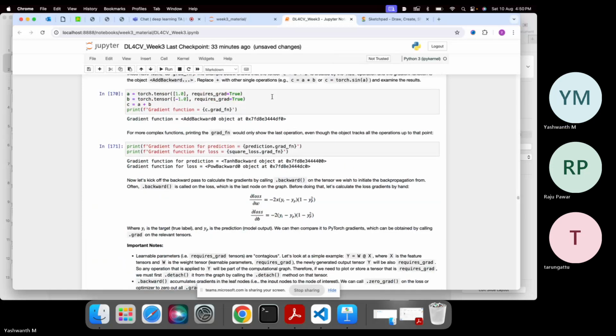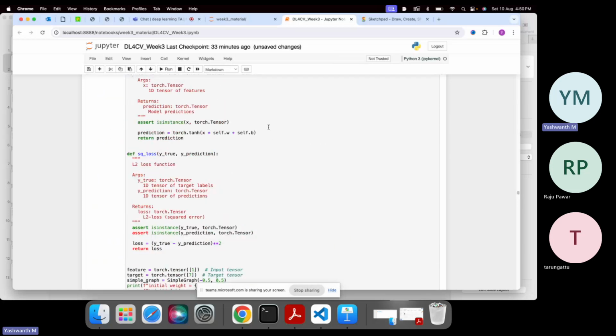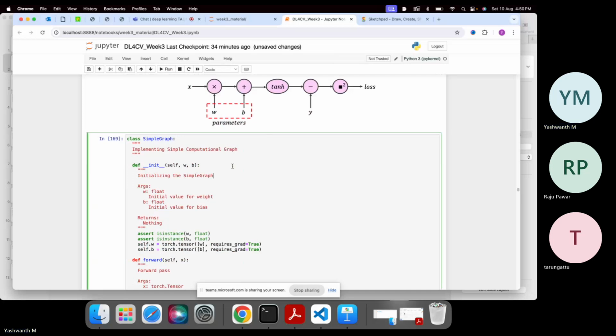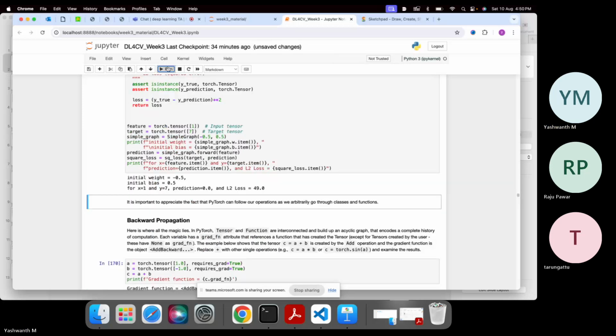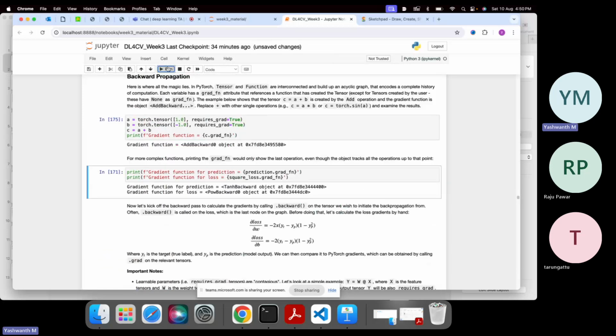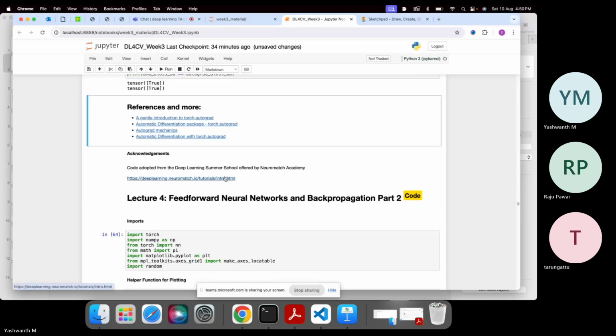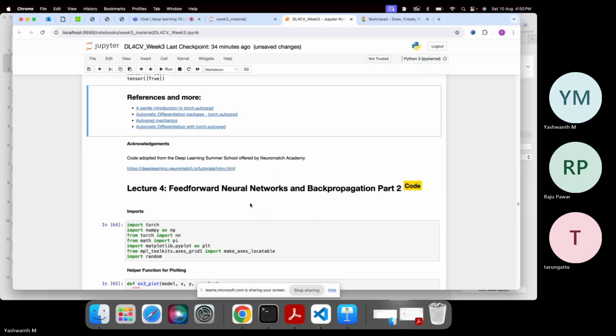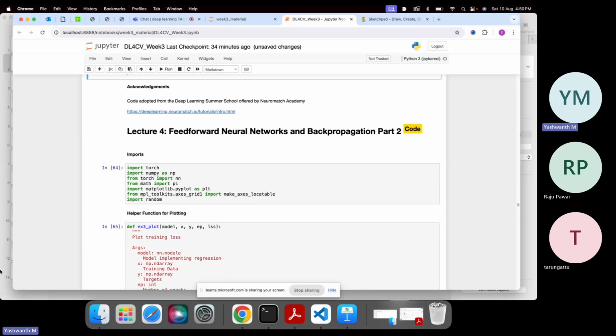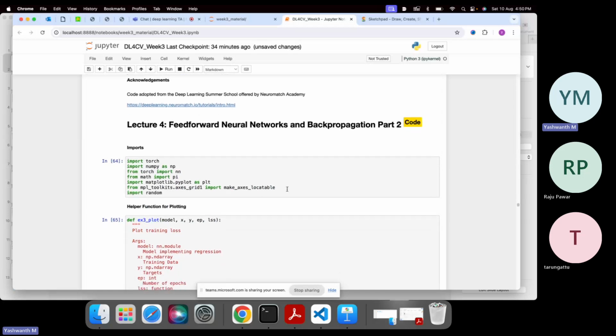So we need to call this once. Same thing, neural network backpropagation.